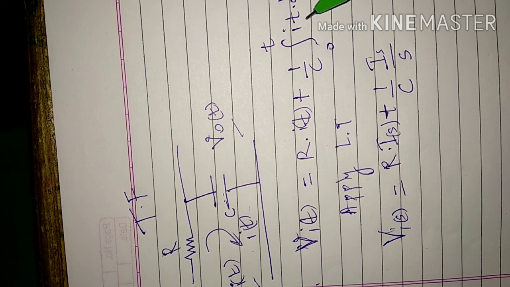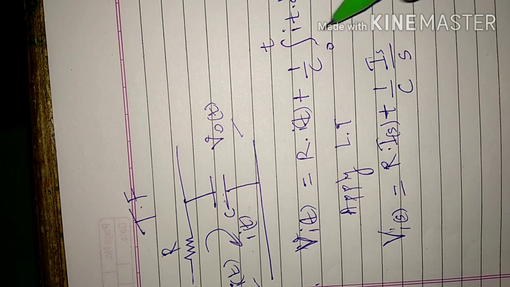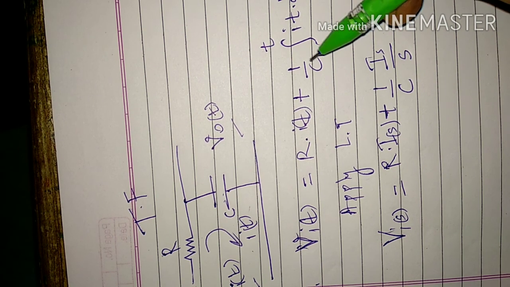Integration of 0 to t i(t) dt is I(s) upon s. 1 by C is constant.